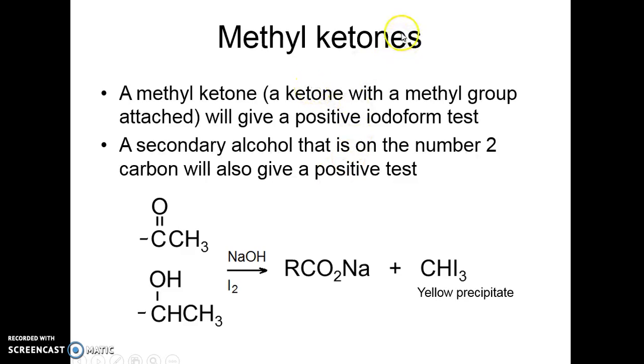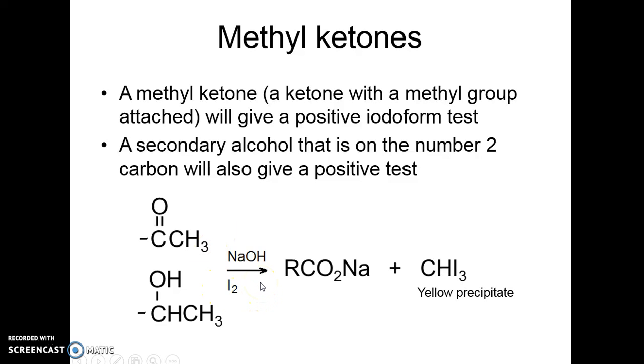There is a methyl ketone test. It's called the iodoform test. If you have a ketone and you want to see if it is a methyl ketone, meaning that the ketone is a number 2 ketone, the carbonyl is on the number 2 carbon, you can run the iodoform test, which you mix with sodium hydroxide and iodine.